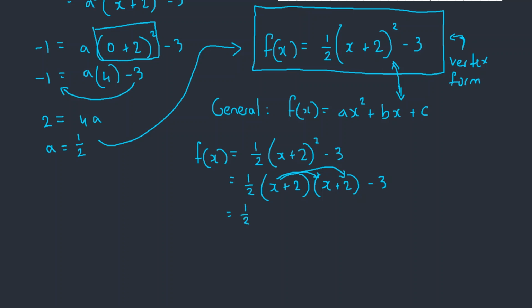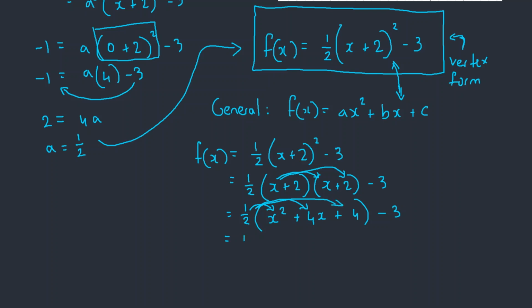You can try to do the FOIL by yourself, but I know by looking at it that it's going to look something like x² + 2x, which is plus 4x, plus 2 times 2, which is 4, minus 3. And then I'm going to bring the half into all the terms.